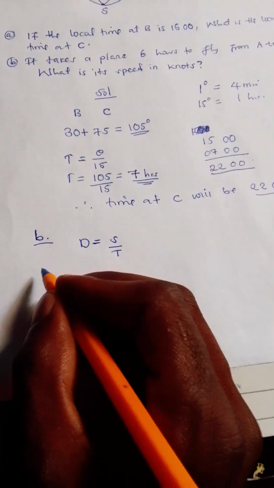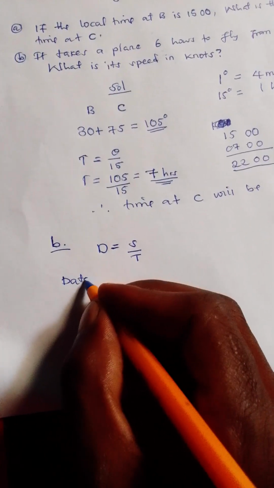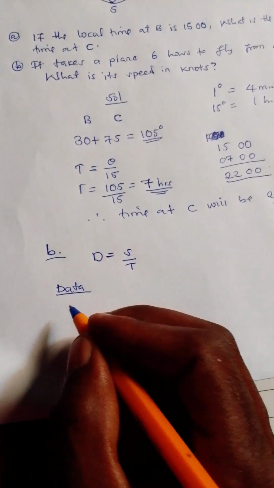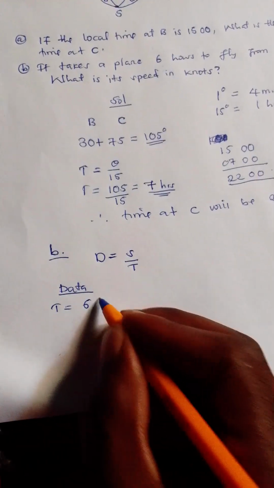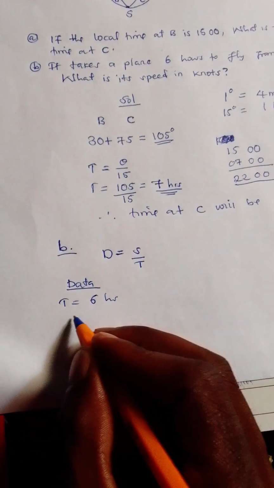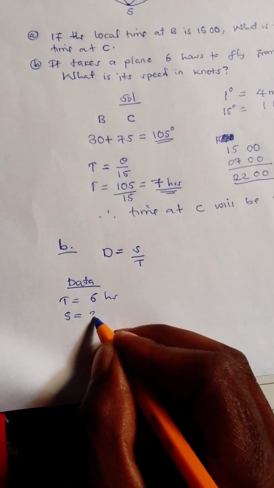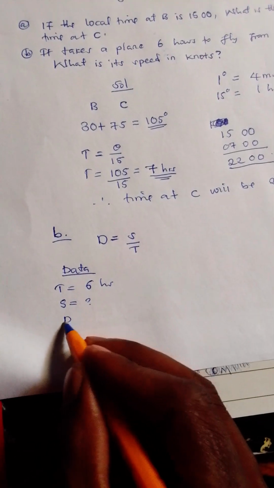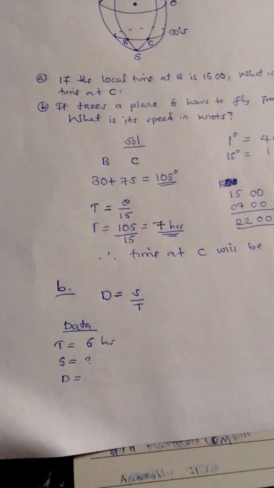If we collect our data, we've been given time, 6 hours. We want to calculate speed, which we don't know, and distance we can calculate from the scenario.